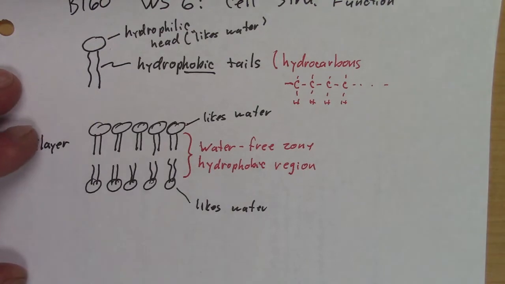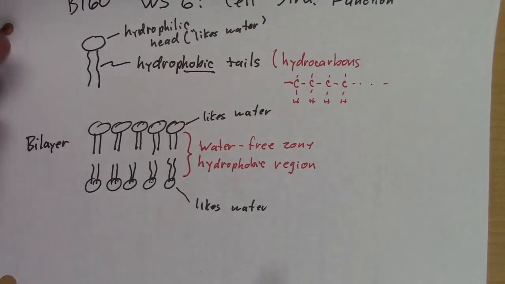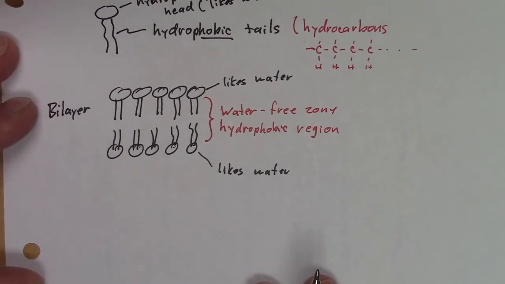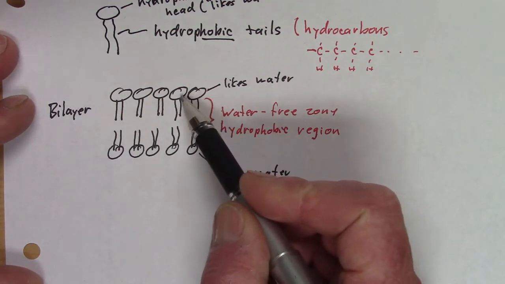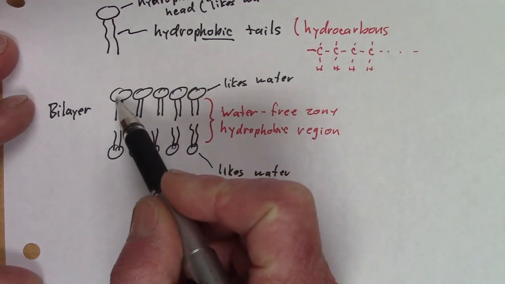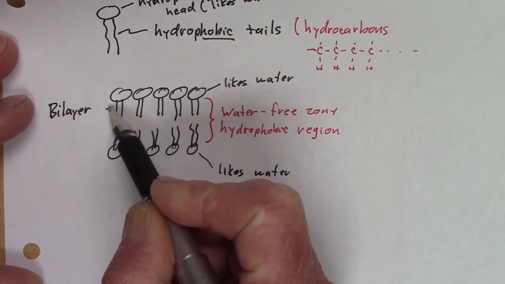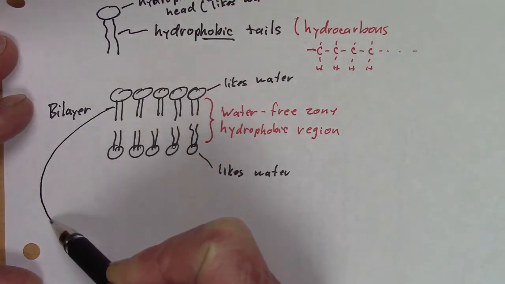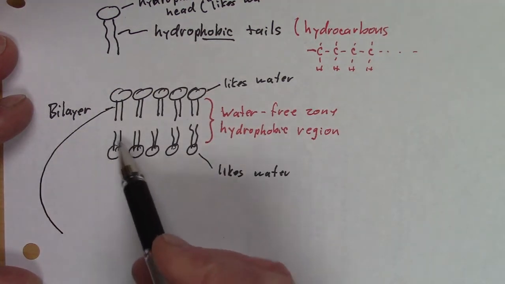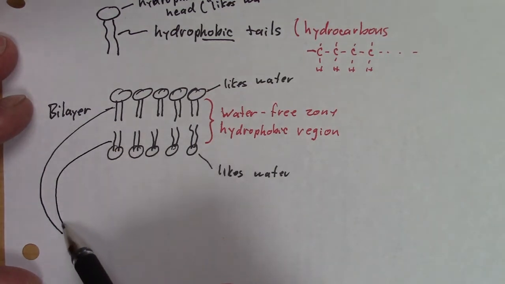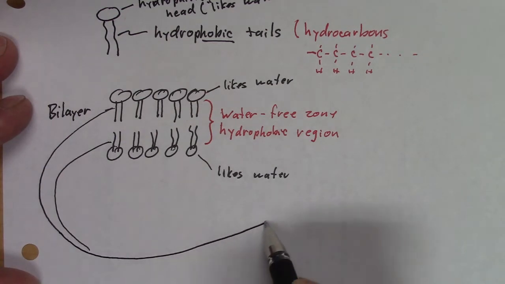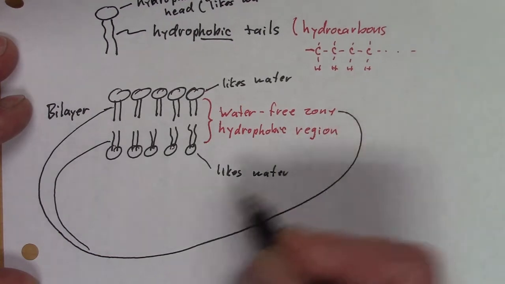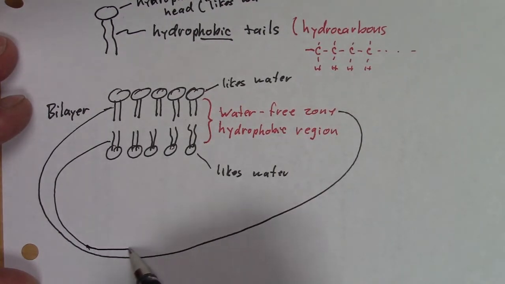Now, to continue this illustration, to make it a cell membrane, I'm not going to draw 8,000 of these little individual phospholipid molecules, but let's just pretend that we do, and we take this row, this layer, and it continues on and around, and we take this layer, and it continues on and around, and now pretty soon we have a cell, and this comes back up to the other side, and the same with the other one.